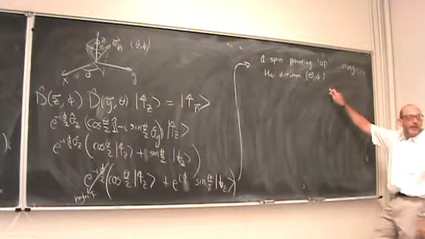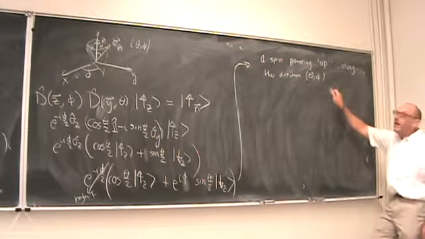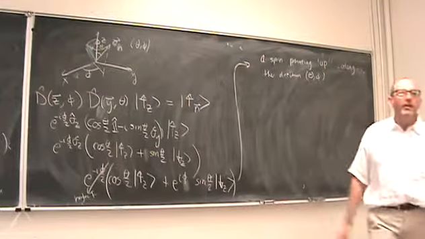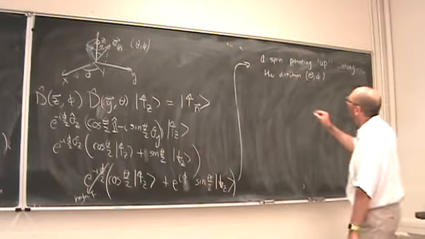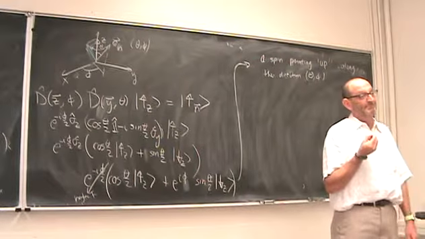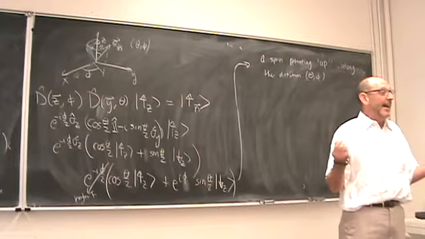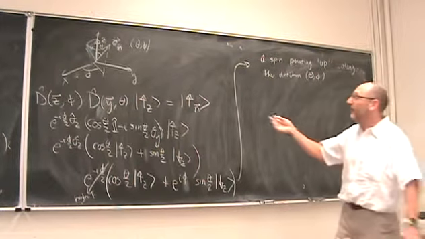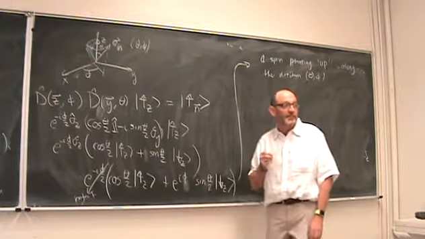That this is the directions, theta and phi, that if you have a spin up pointing along that direction, it can be expressed always as a superposition of up and down along any direction, in particular along the z-axis, right?